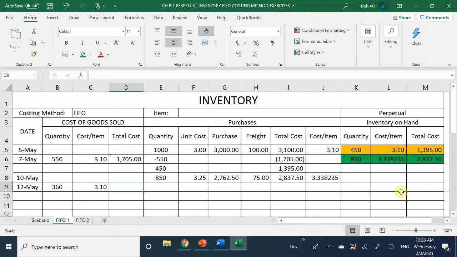Because $3.10 is an even number, we don't need to apply the equal round just yet. You're doing FIFO, right? FIFO, yes. So that's what we get, 310, because we are following the LIFO. We're following FIFO, not LIFO. FIFO, yes, first in. So we recognize that our orange batch came in first, so we need to get rid of our orange batch first.